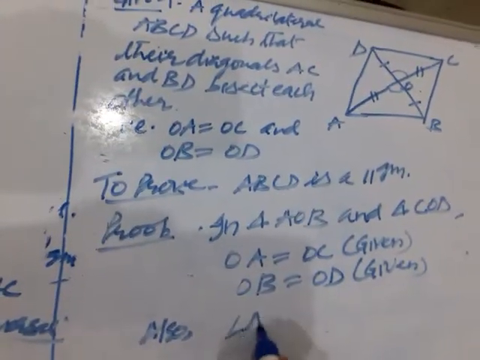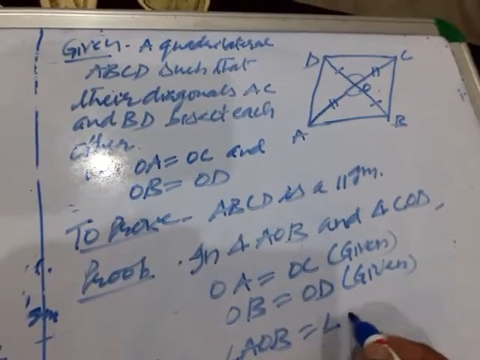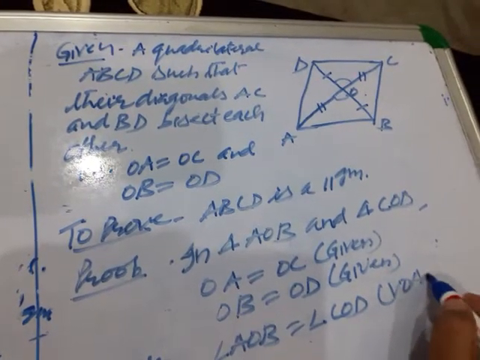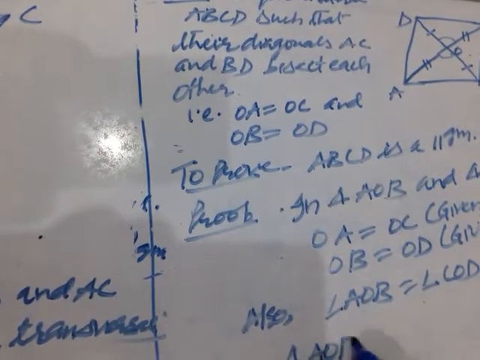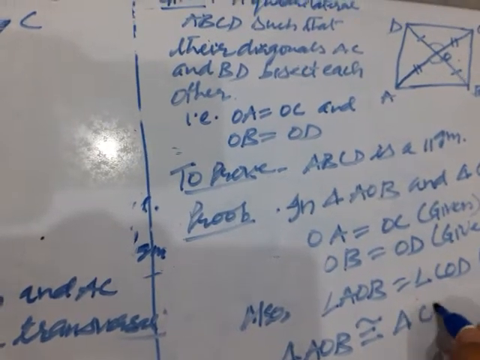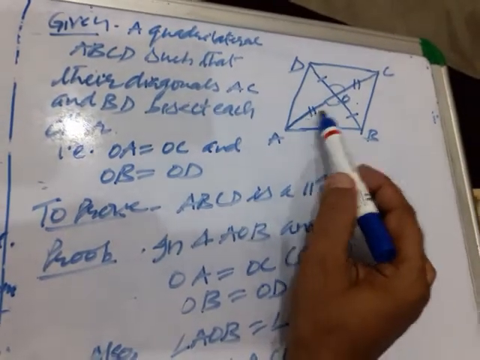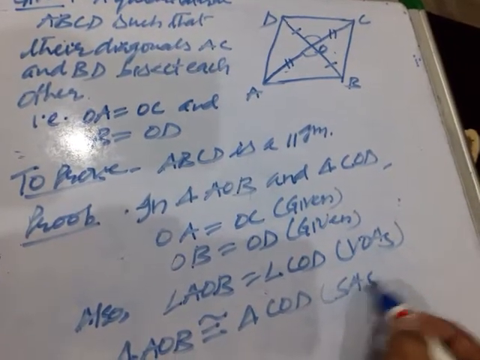Angle AOB is equal to angle COD, right? That is, vertically opposite angles. Okay, children? This implies that triangle AOB is congruent to triangle COD. By which congruence rule? Side angle side, that is SAS rule.